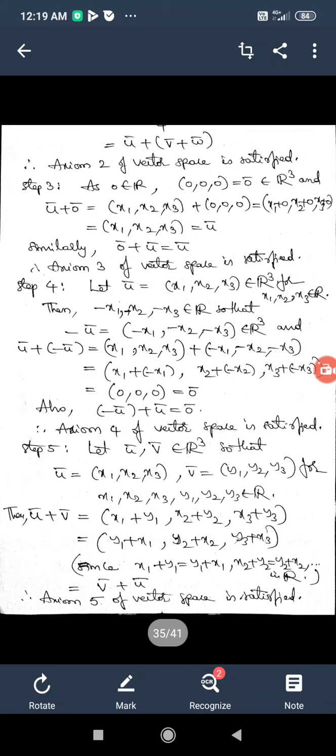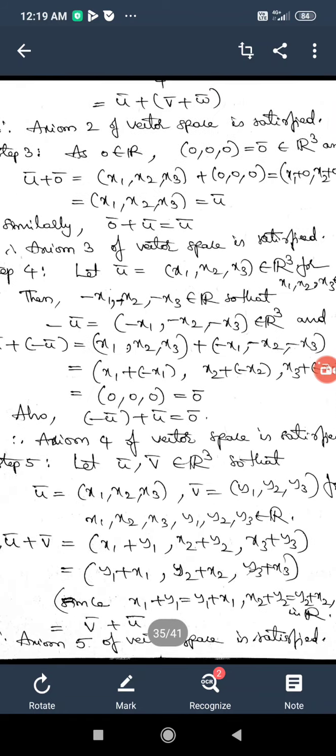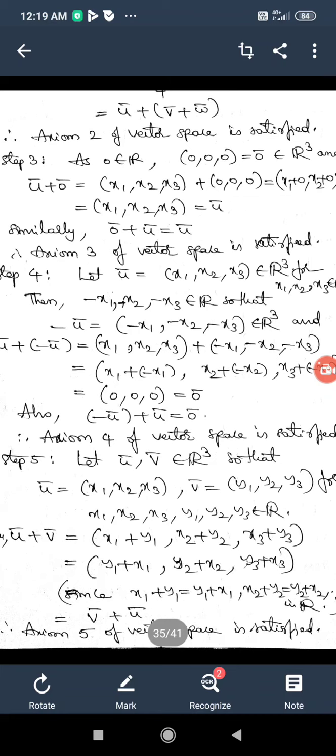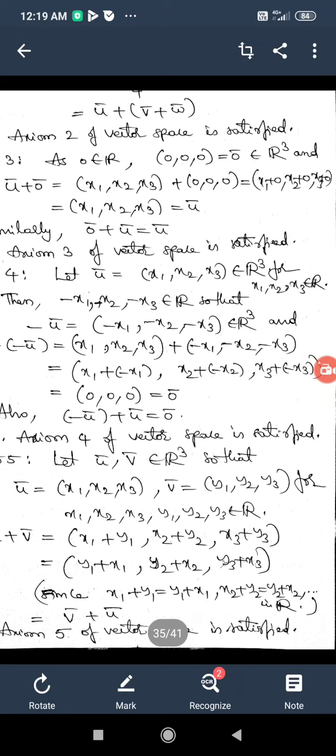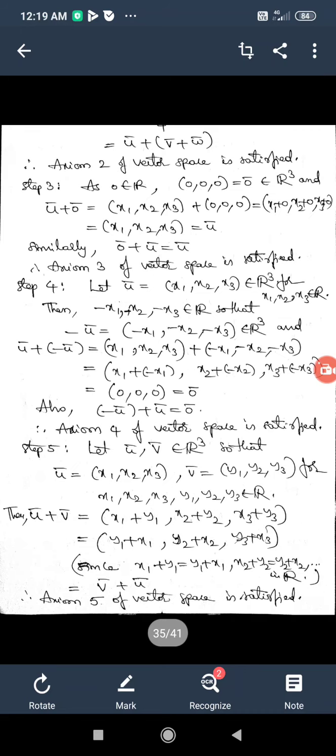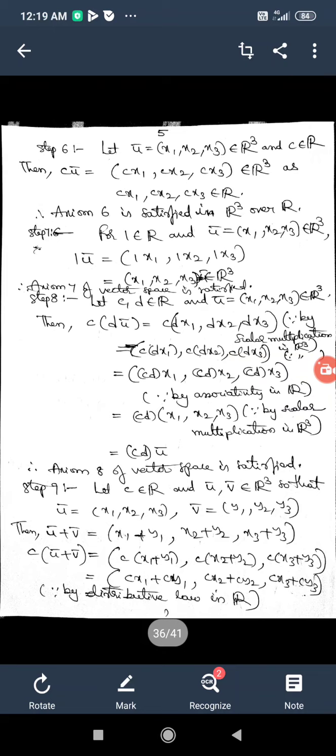That is how I have taken the vector addition property with respect to the commutative axiom, and we could prove that u bar plus v bar is equal to v bar plus u bar. Hence axiom 5 of vector space is satisfied in the set R3 over R.